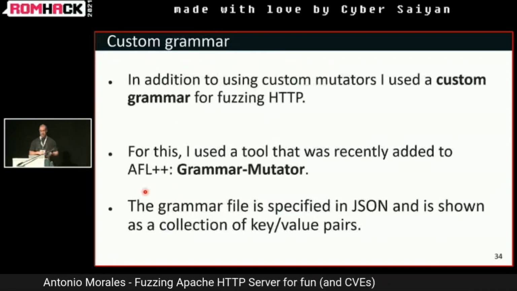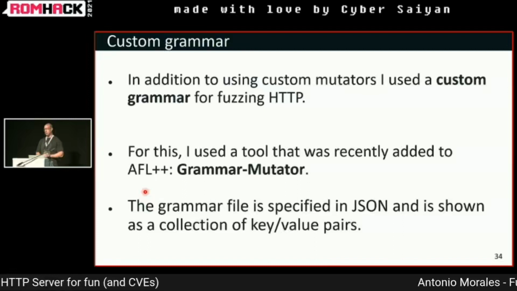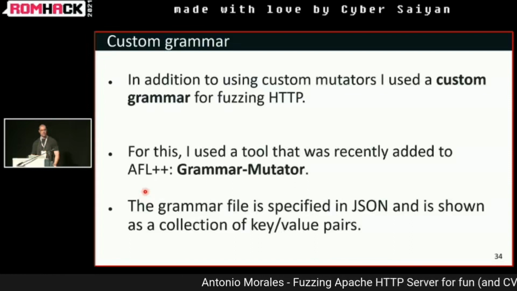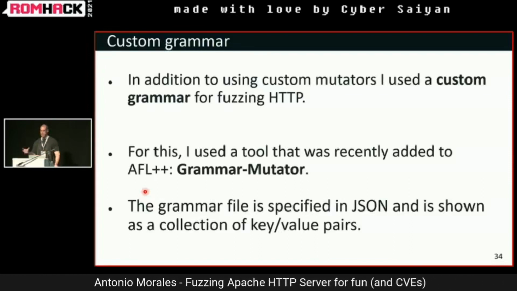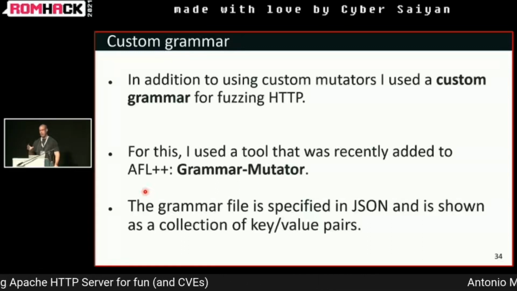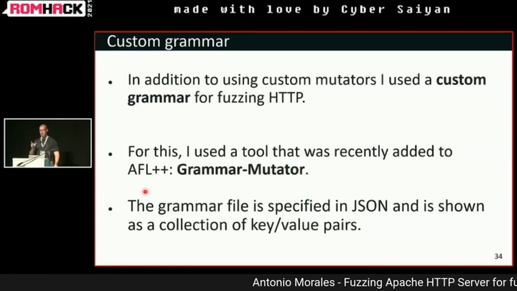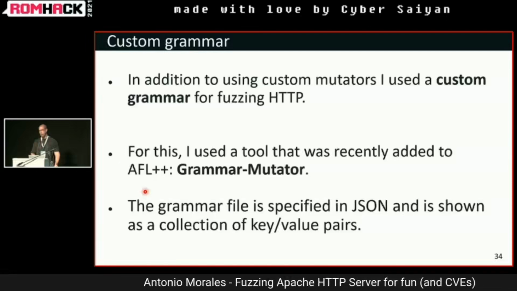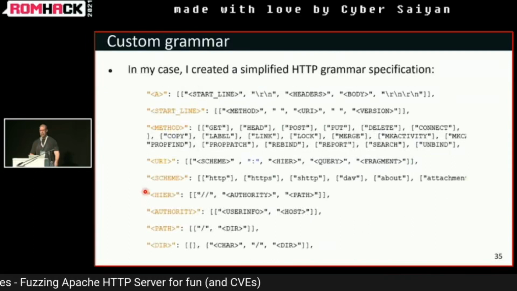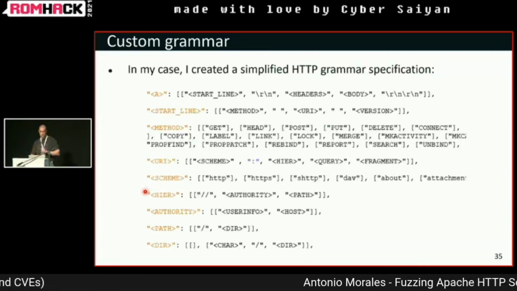And in addition to using custom mutators, I used custom grammars. For this task, I used the grammar mutator tool that is included in AFL++. To use the grammar mutator, we only need to define a JSON file that includes a collection of key and value pairs. This is a part of my grammar specification. Here you can see it best with an example.